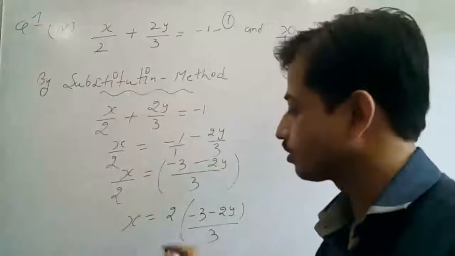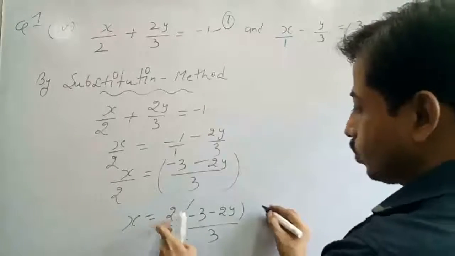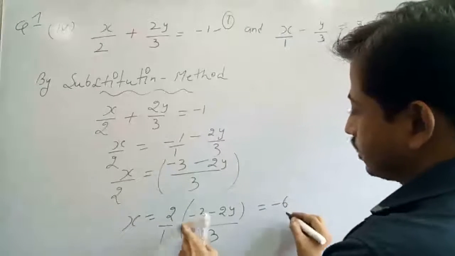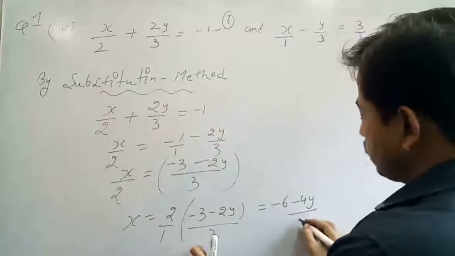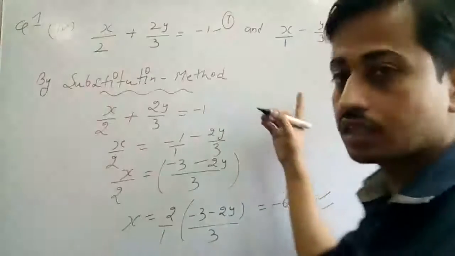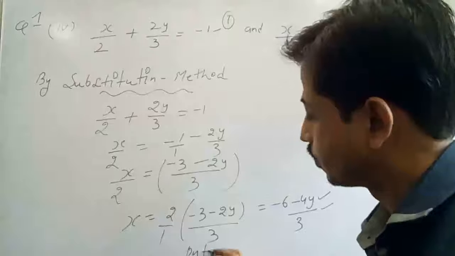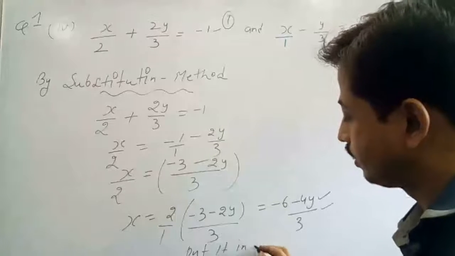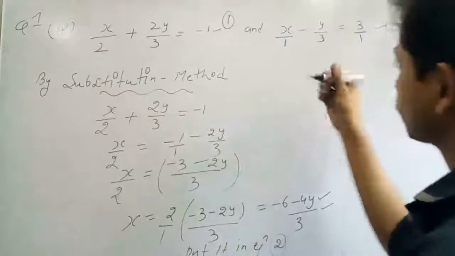And also this is not in rational form, so I make it 2 by 1. Now to multiply. 2 into minus 3 we get minus 6. 2 into minus 2y, minus 4y, divided by 1 into 3, we get 3. So put this in equation number 2. Please solve this.